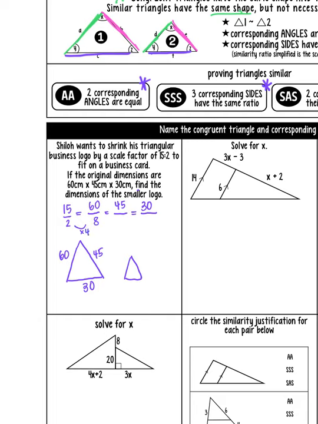Since 15 times 3 is 45, I'll do 2 times 3 to get 6. Since 15 times 2 is 30, I'll do 2 times 2 to get 4. So therefore, since the original side of 60 is now 8, the original side of 45 is now 6, and the original side that was 30 is now 4.